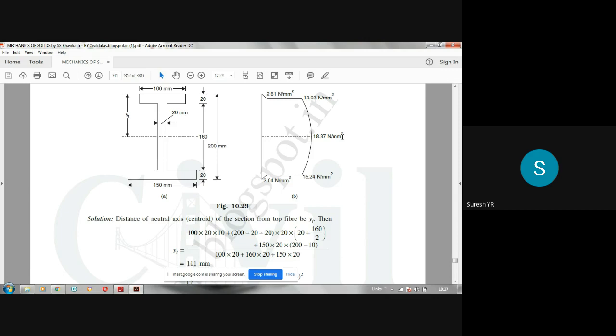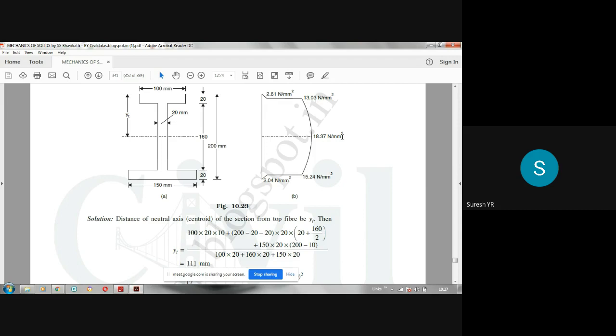So you should be very careful about units. When bending moment is in kilonewton meter, you have to convert that into Newton millimeter by multiplying by 10 power 6. When shear force is given in kilonewton, you have to convert that into Newton by multiplying by 10 cube. Be careful with those conversions, because stresses are always expressed in Newton per mm square.